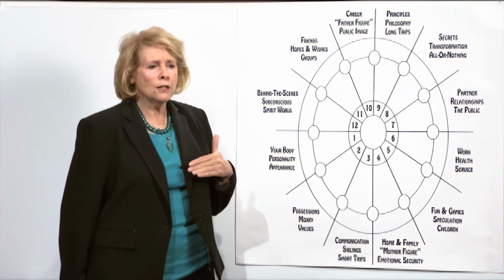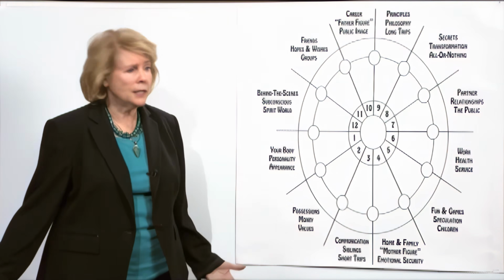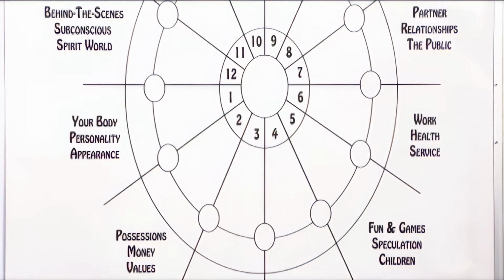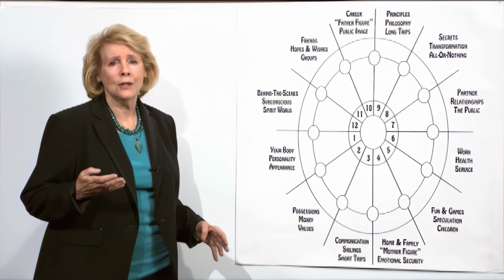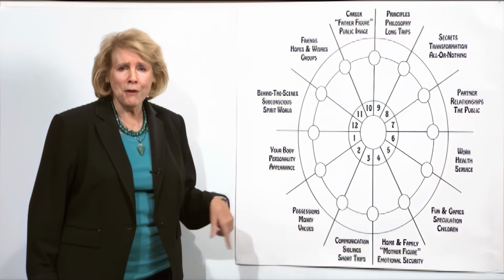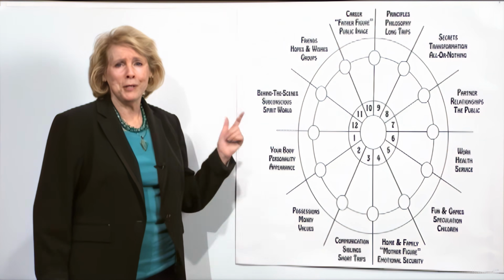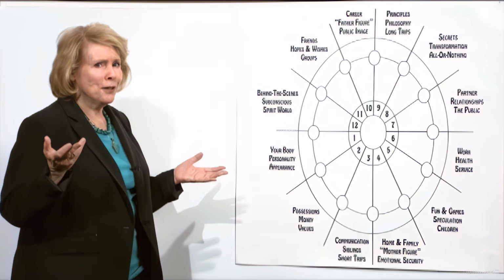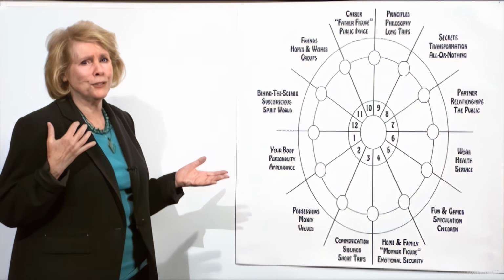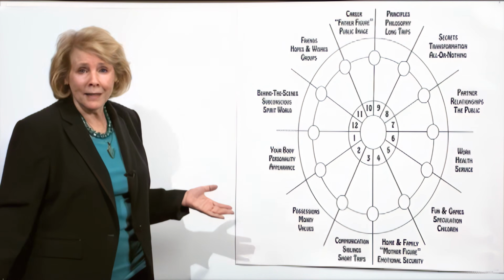You want to be contributing. You want to feel that you're needed. In fact, if you have planets in your sixth house, if someone says to you, I need you, what they're really saying is, I love you. And I'm going to go over this again so that by the time we are finished with these shows, you're going to be able to interpret not just your own chart, but everybody else's.